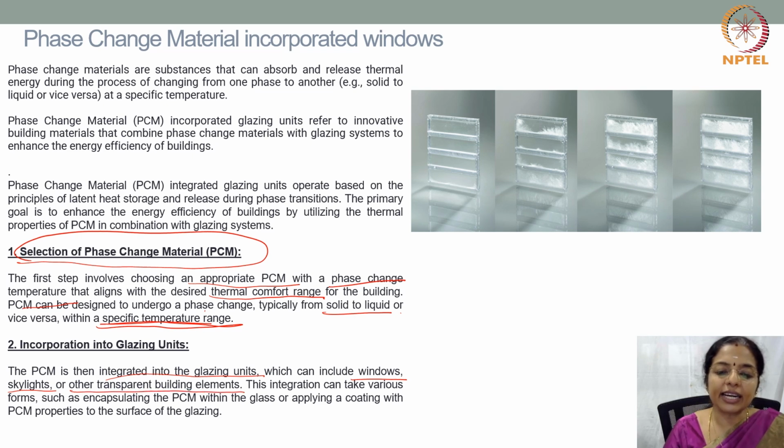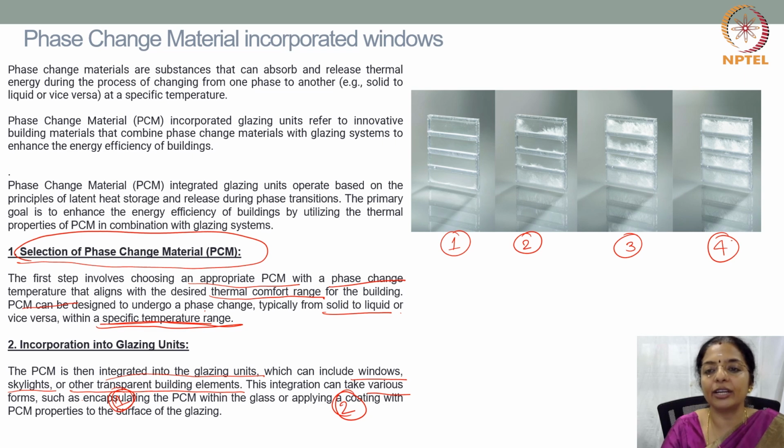This integration can take various forms such as encapsulating the PCM within the glass or applying a coating with PCM properties on the surface of glass. Here I have shown the picture of a PCM integrated window with various levels of transparencies based on how much exposure it has had to heat.